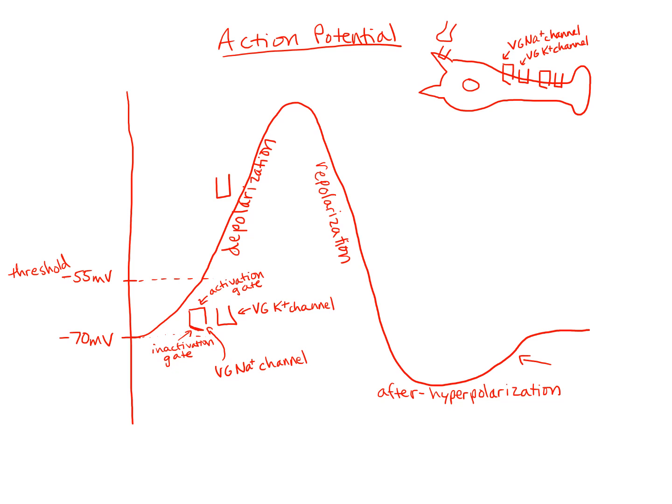And how we get from the minus 70 millivolts up to threshold, where we're actually going to be starting our action potential, this part right here, this is due to graded potentials. And remember, those are going to be created by these ligand-gated ion channels.